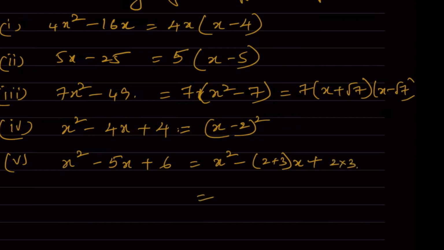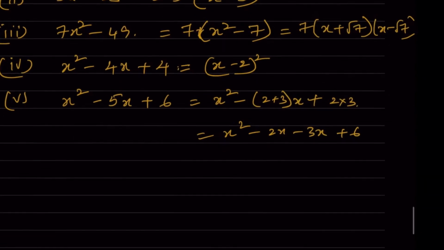So therefore here you will get x square minus 2x minus 3x plus 6, which is equal to x into x minus 2, minus 3 into x minus 2. Because when you are taking the distributive property, minus into minus will become plus. So minus 3x plus 6 you will get for the above term. Here you will get x square minus 2x. So now what is common in both of them?